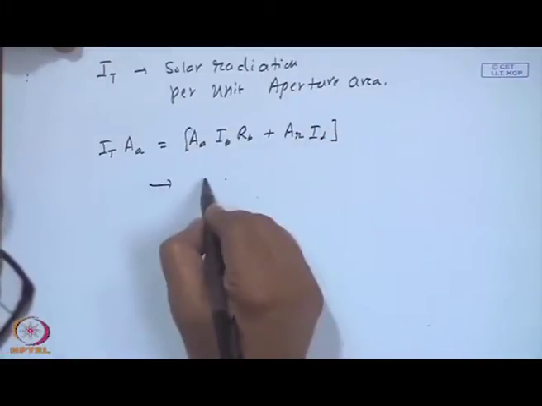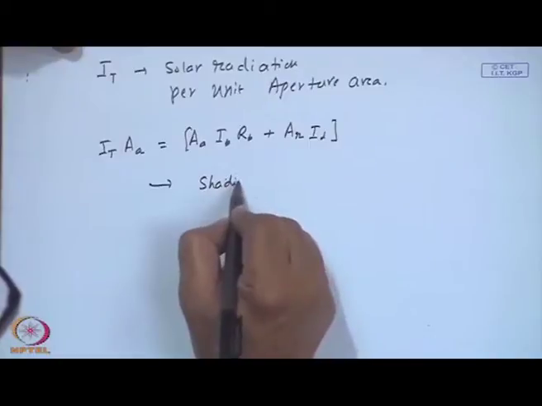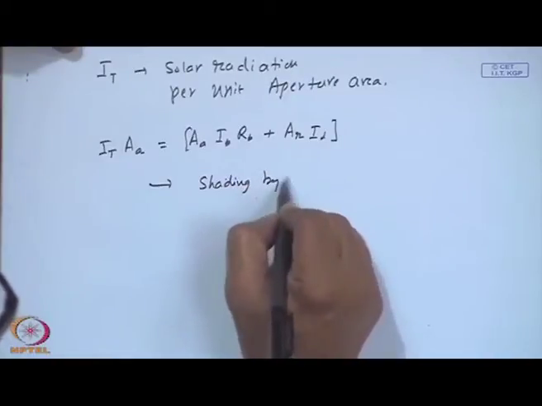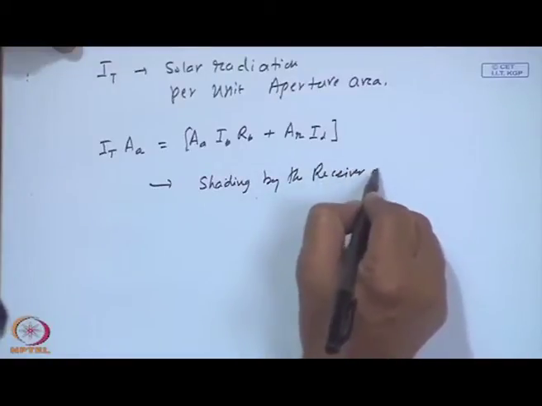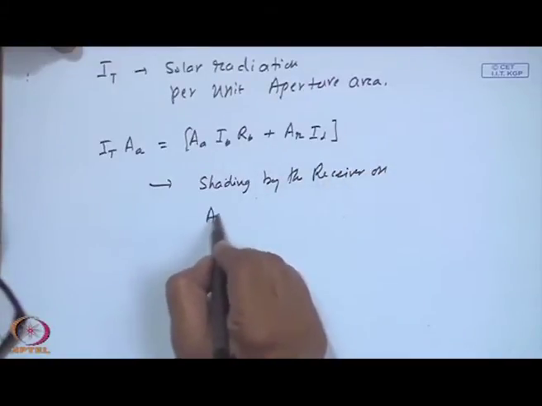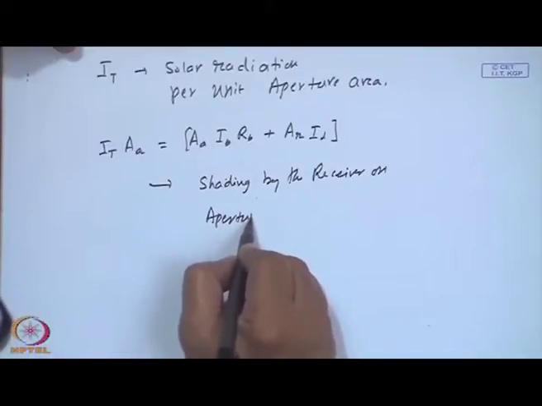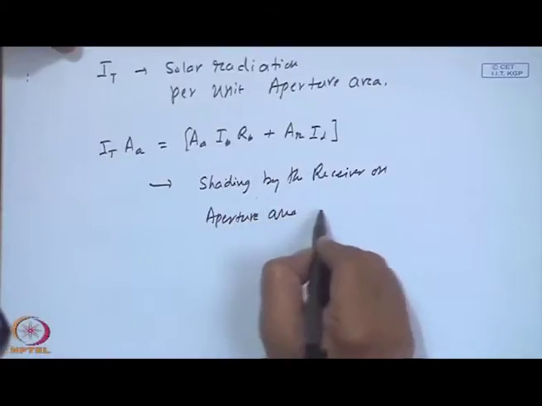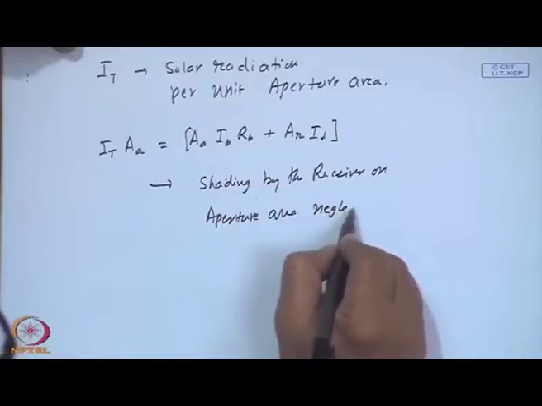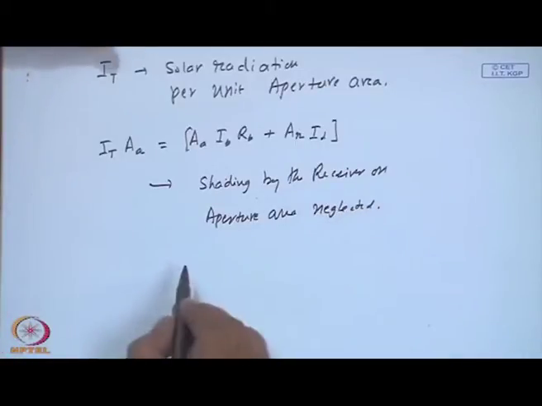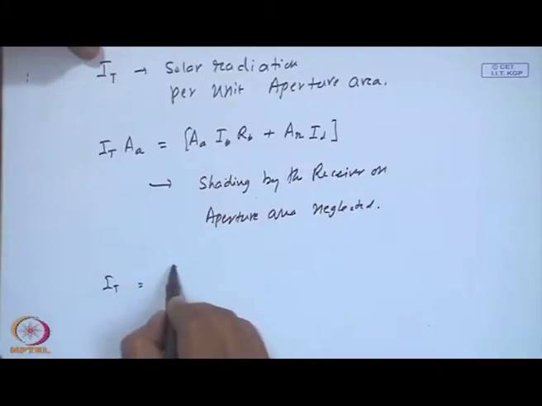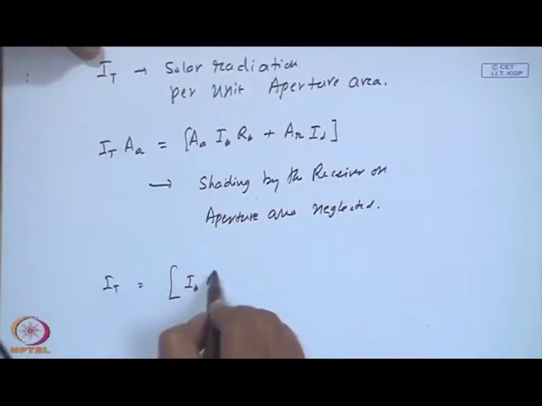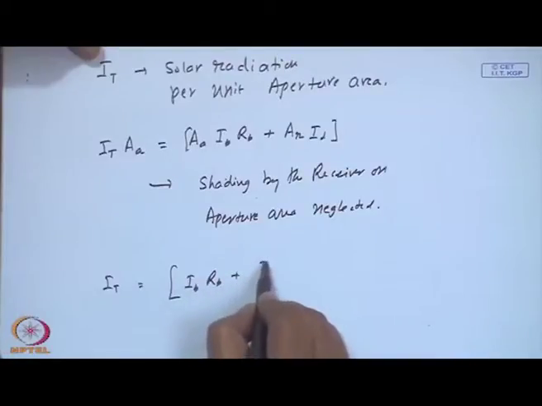This is shading by the receiver on aperture neglected. So, consequently, IT should be equal to IB RB plus ID upon CR.